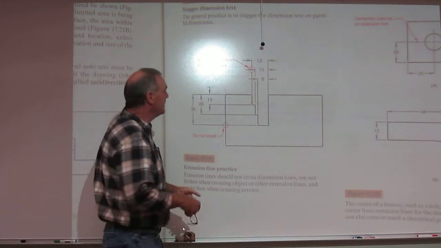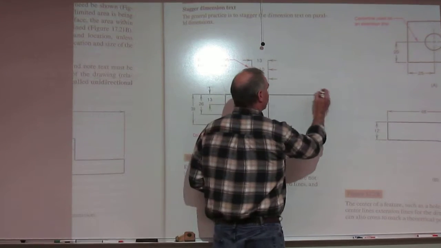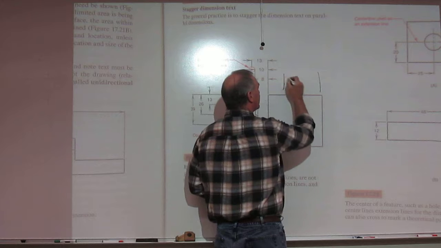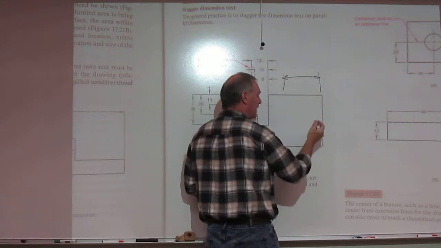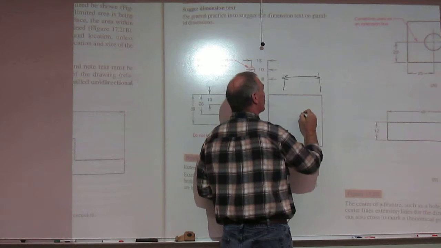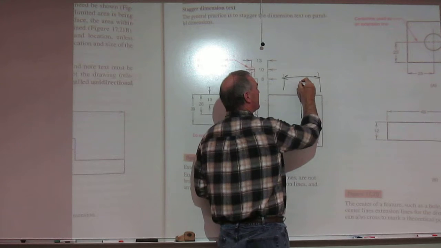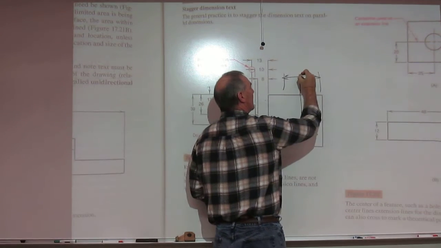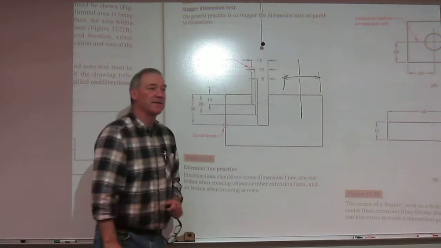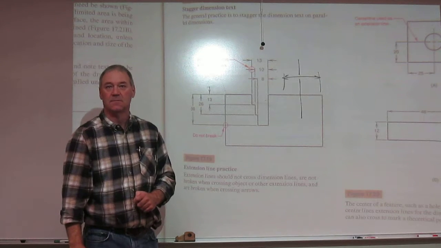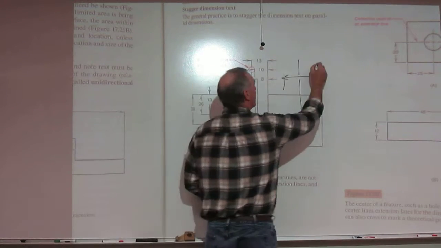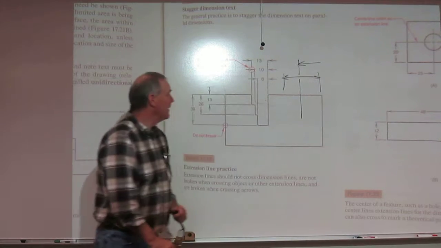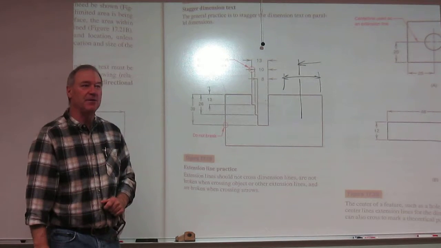If I've got a dimension line here, and for some reason I'm pulling another extension line up through here, I want to break that around that dimension line also, and then keep it coming. Hopefully we never get into that case, but that's the way you would do that.